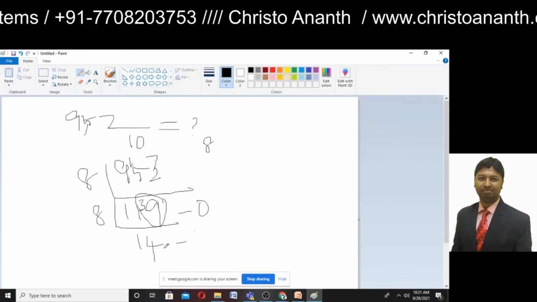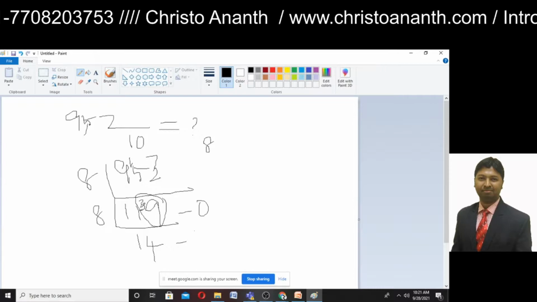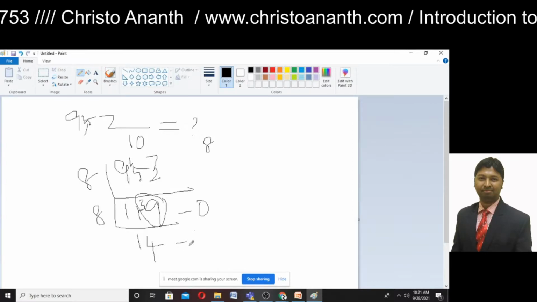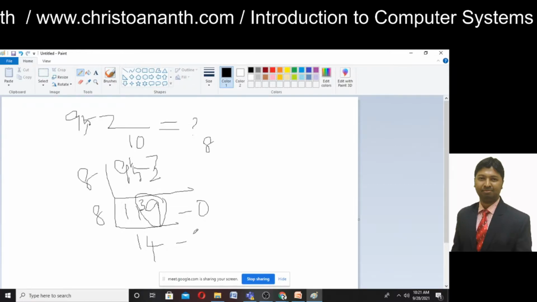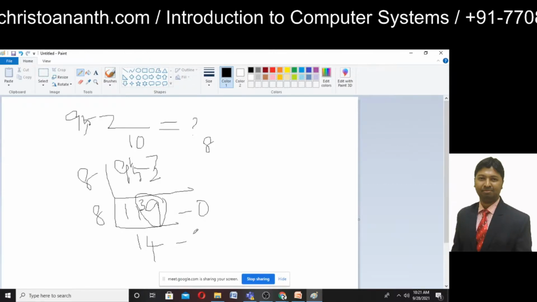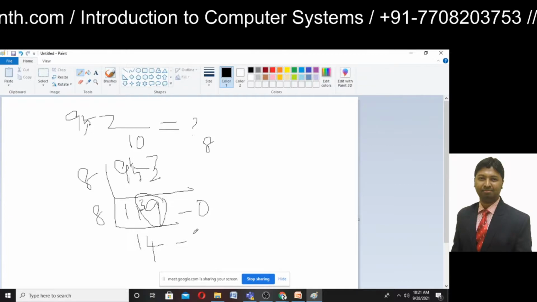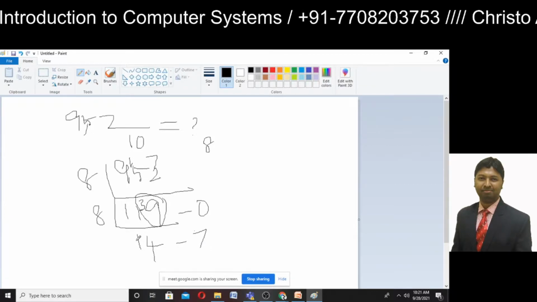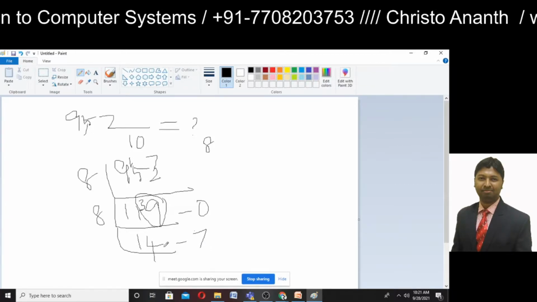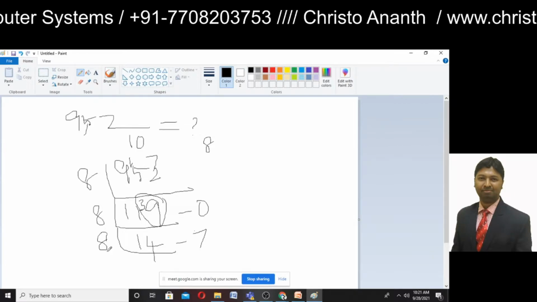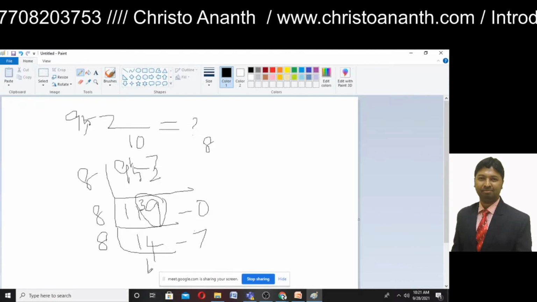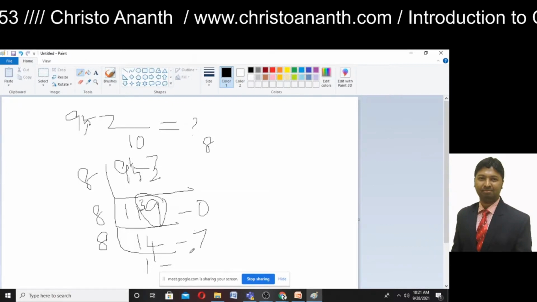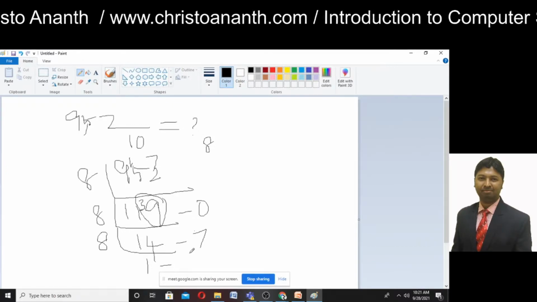8 multiplied by 4, you get 32. But here you have 39. So what's the remainder? The remainder is 7. Okay. Now again you divide by 8. 1, and the remainder is 6.